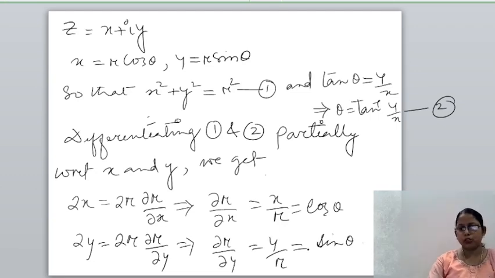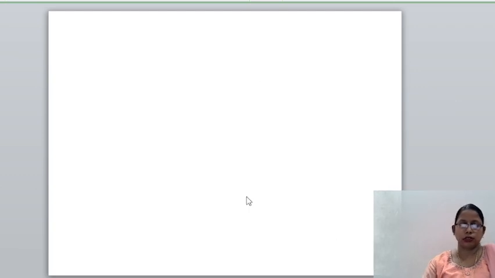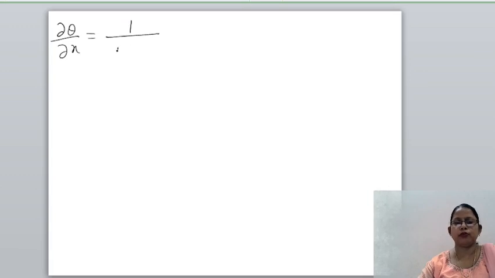Next, differentiate 2 with respect to x and y partially. Del theta by del x will be first the differentiation of the tan function, then the differentiation of this function. So del theta by del x is equal to 1 by 1 plus y by x whole square, then the differentiation of this function treating y as constant, so this will be minus y by x square.